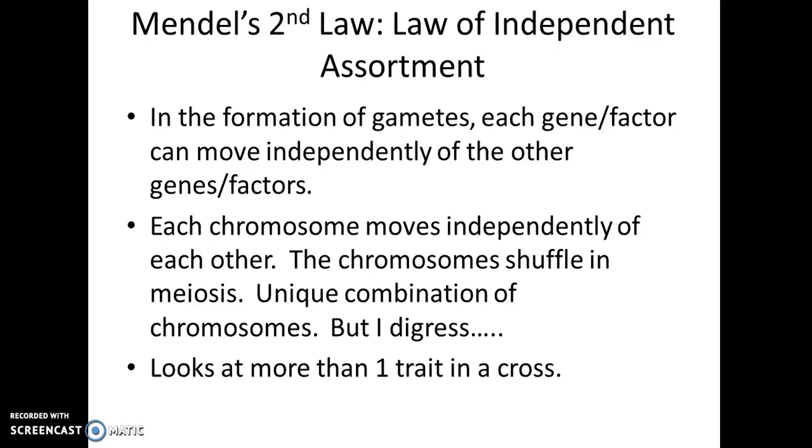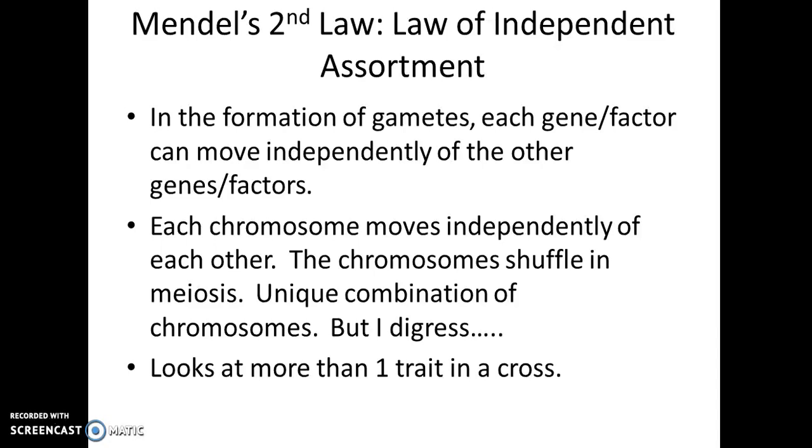So you have A alleles, they move independently of B alleles, which move independently of C alleles, which move independently of D alleles. Each chromosome, which contains the genes, will move independently from the other chromosomes. So this allows the chromosomes to shuffle each other and gives us an unbelievable amount of variation in the population.